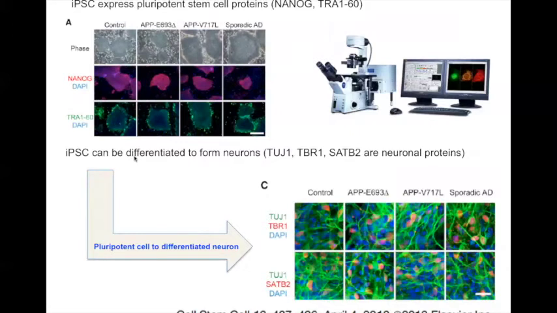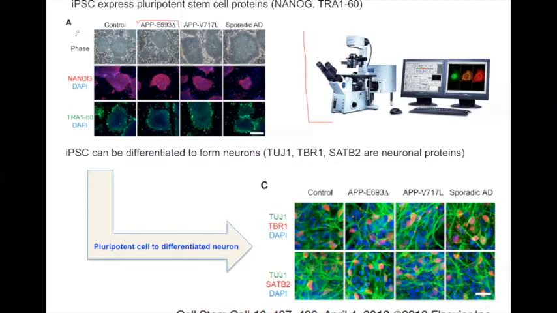So what you see in this photo here is, starting up at the top, we're looking at fluorescent images through a microscope such as this, in which we see the cell culture. So what we've done is we've taken the fibroblasts of someone who has this particular mutation, for example, here it is, APP E693 delta.